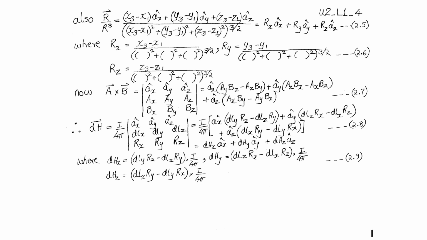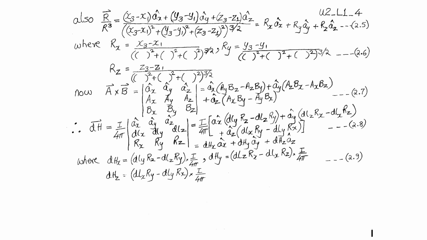And this can be expanded as dHx into vector ax plus dHy into vector ay plus dHz into vector az, where dHx, dHy and dHz are the components of vector dH along the x, y and z directions.